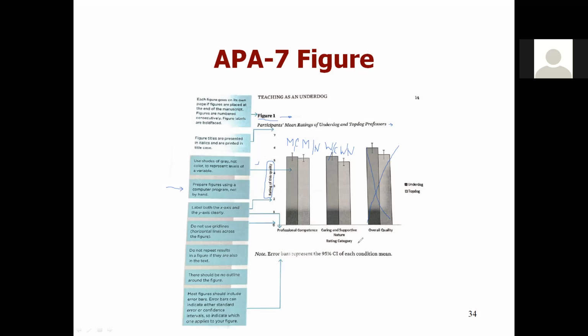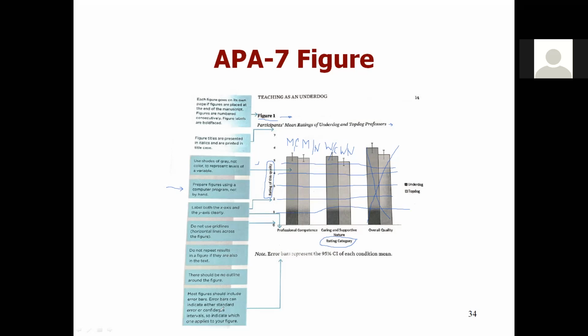And what goes on the x-axis is our predictive variable, which is gender, right? There are no grid lines, so you'll see that that's what Excel will do for you. It will put grid lines like this, 5, 4, 3, 2, and so on. We don't use them in APA.